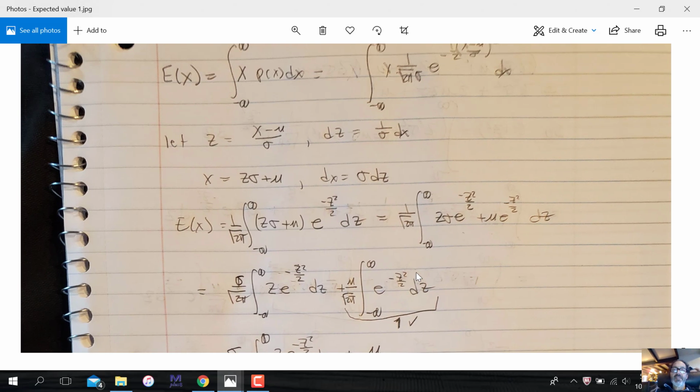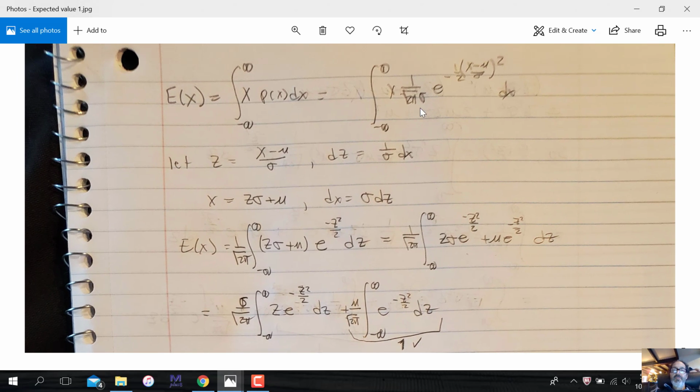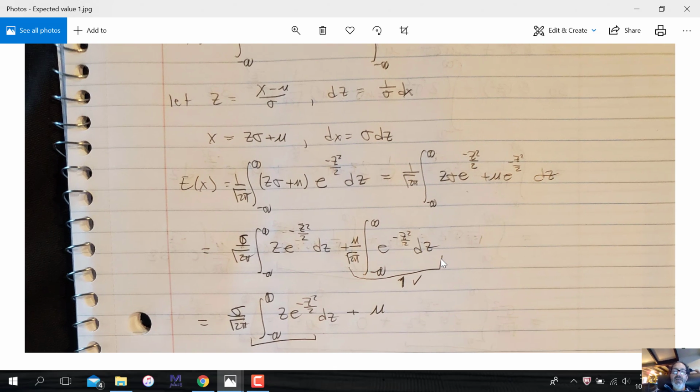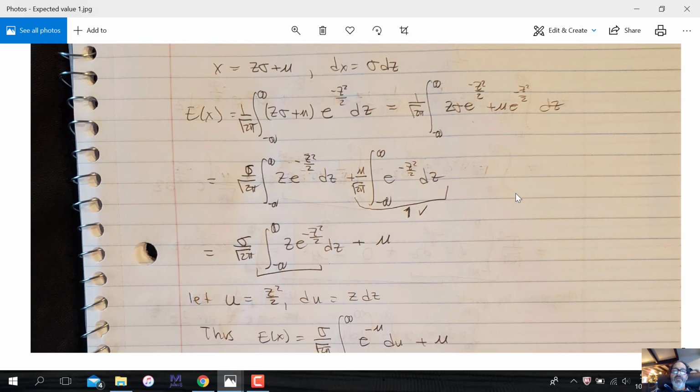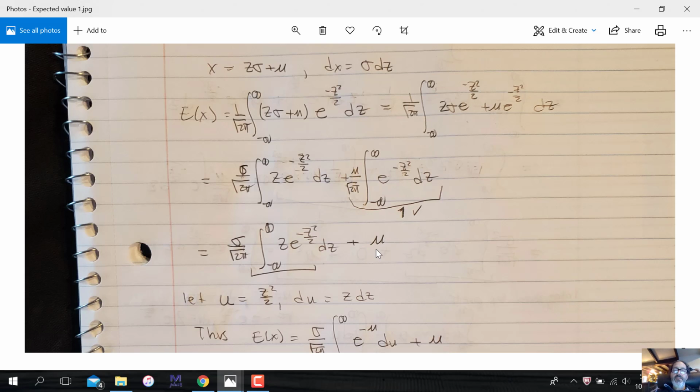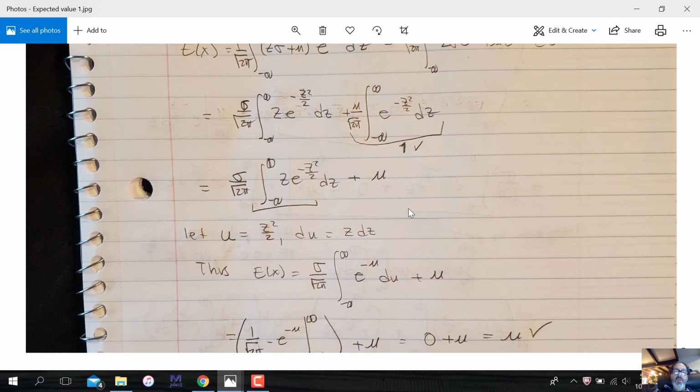This equation right here, minus the x, that's the PDF, and that sums to 1. So basically this is going to be 1 times mu. So the second part of this sum is going to be mu. So we just have to solve this first part over here.